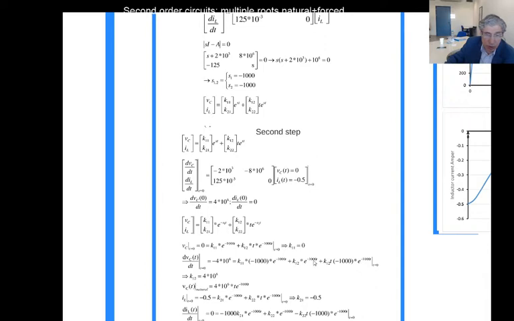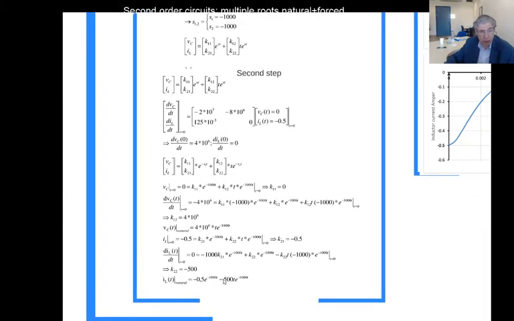So this equation and this equation, two unknowns, two equations, we end up with K12 equal to this one. So we see the VCT natural, our state variable solution is this. If we did similar things for the inductor currents, we are going to find the inductor current as it is here.